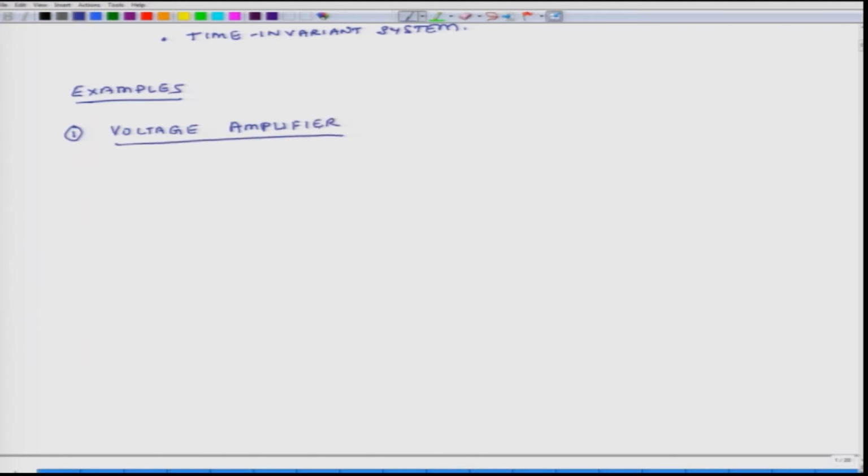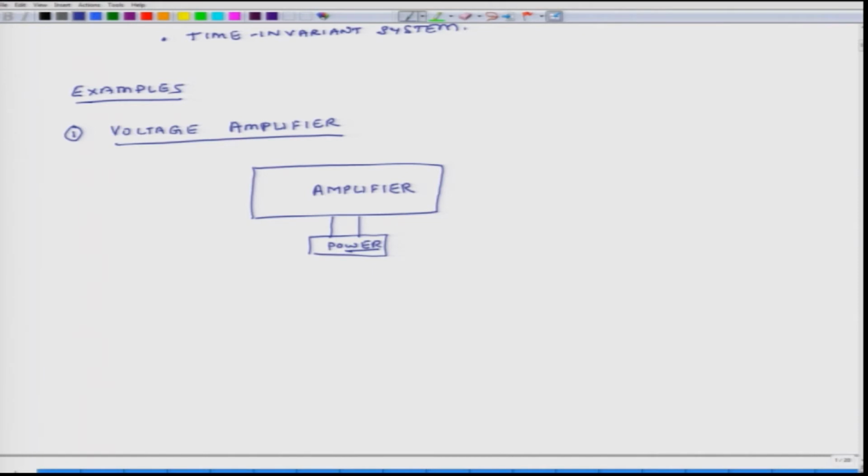So, what does a voltage amplifier do? It runs on some power source. Okay. So, it requires some energy to make it work.